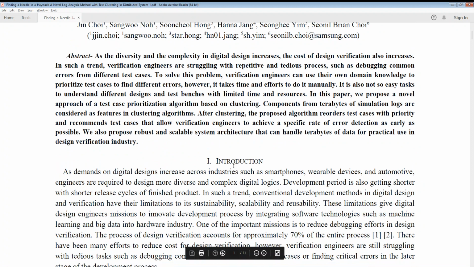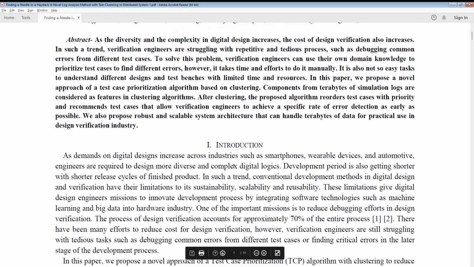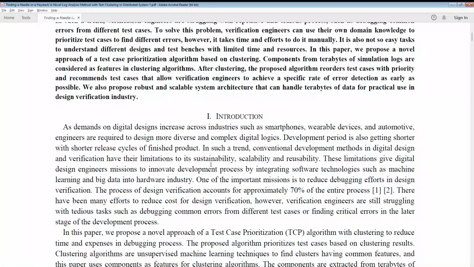Introduction. As demand on digital design increases across industries such as smartphones, wearable devices, and automotive, engineers are required to design more diverse and complex digital logics.